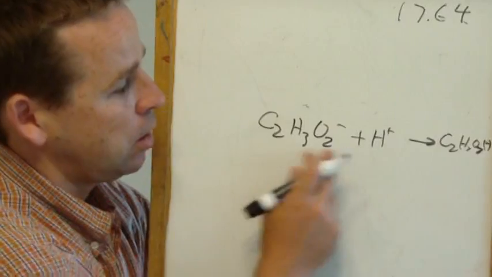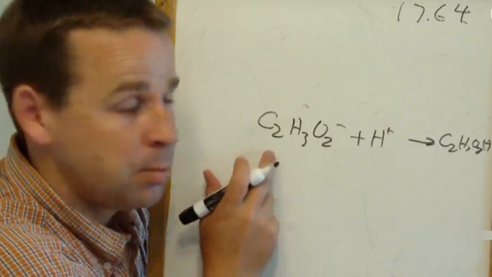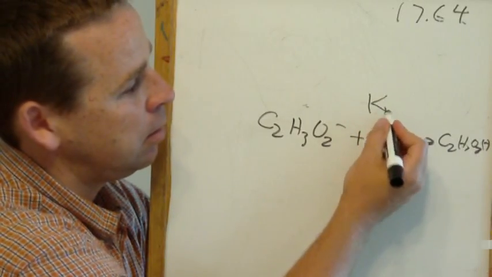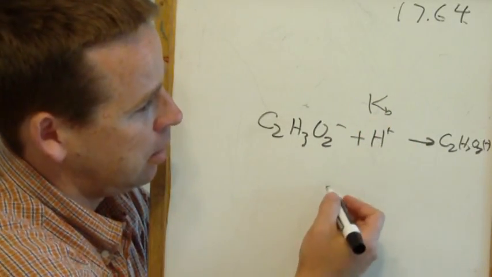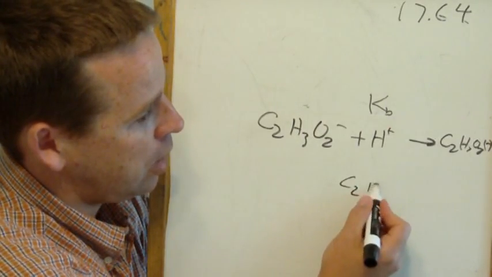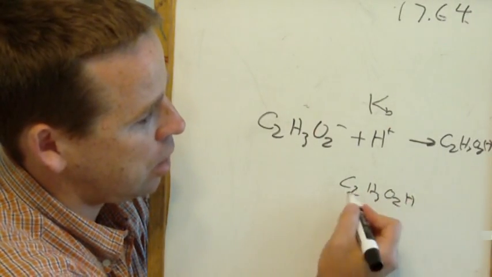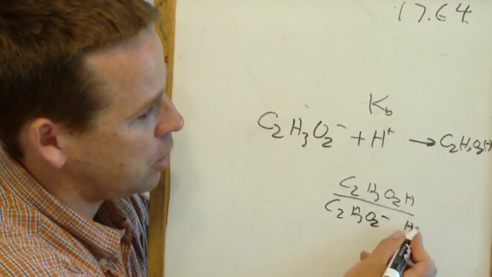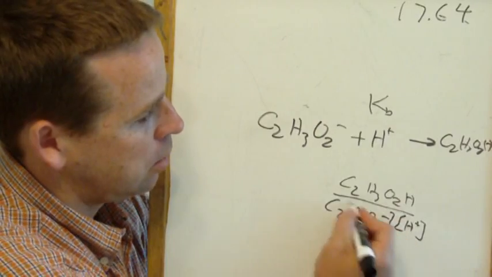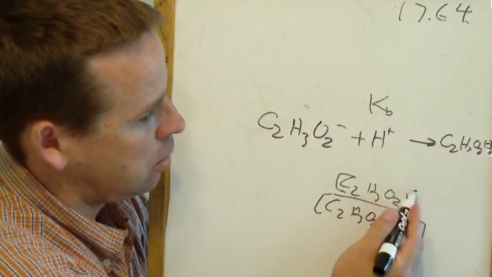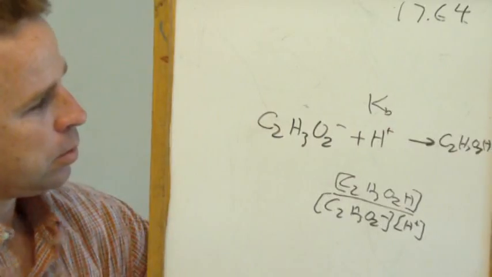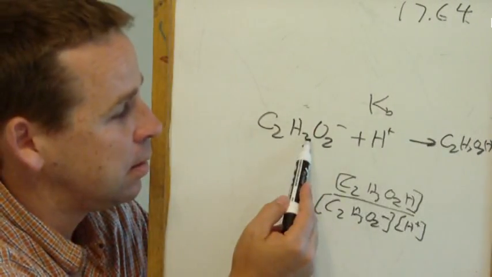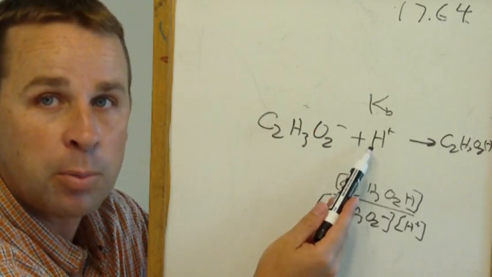The Kb would then be the C2H3O2H concentration over the C2H3O2 minus times the H plus concentration, right? So the Kb would be the equilibrium constant that represents this picking up of the proton.